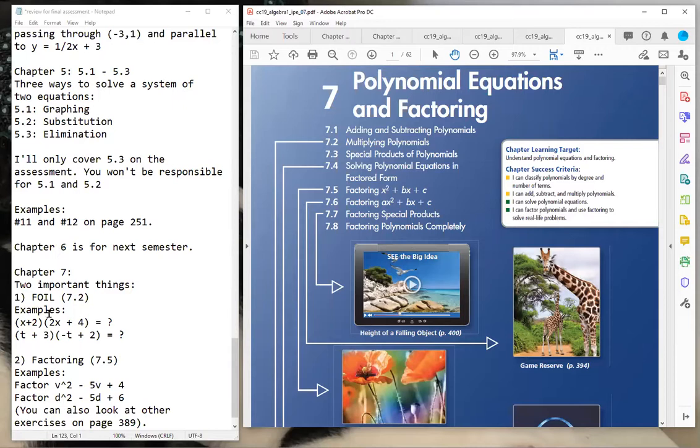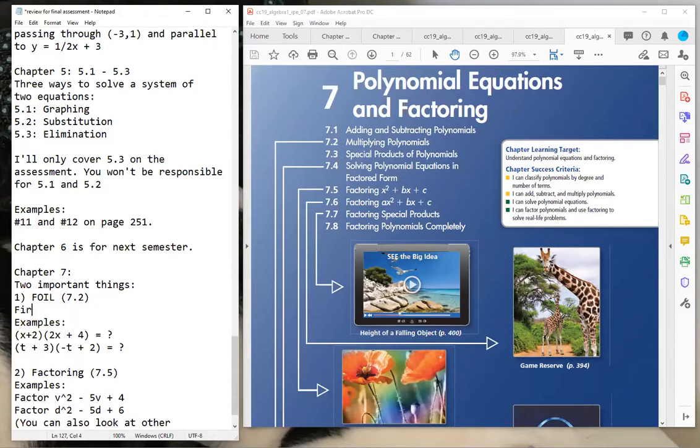And those two things are really like FOIL, like how do you multiply two binomials? So first, outside, inside, last. I mean, I guess the book says first, outer, inner, last.